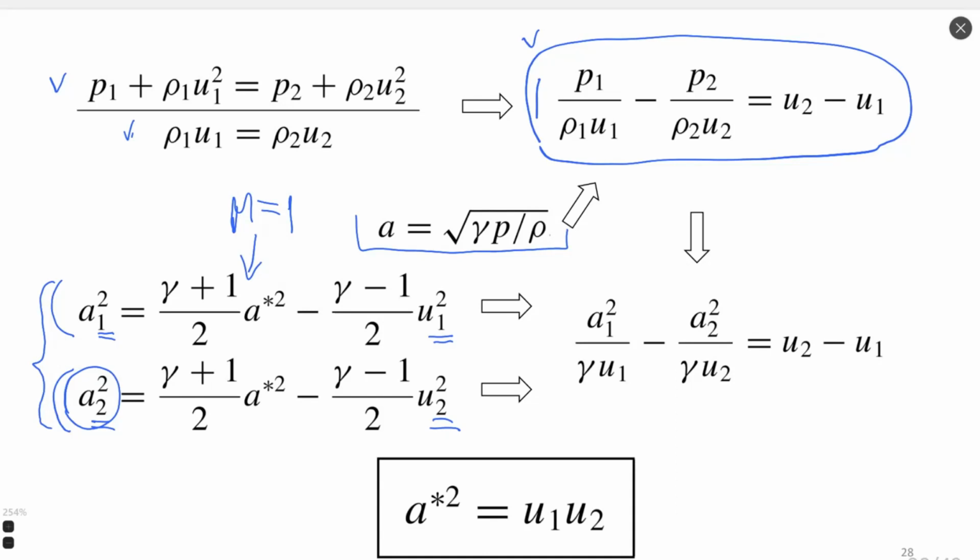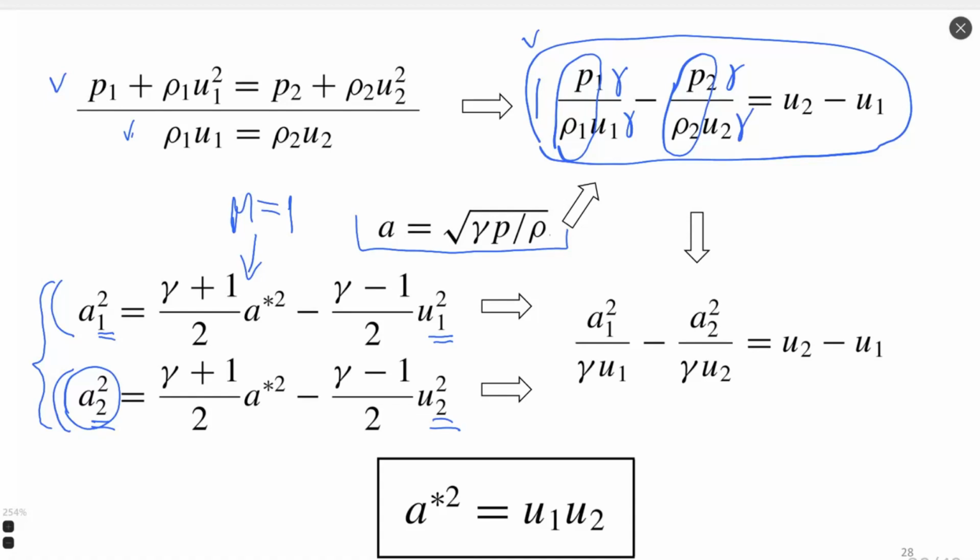We see that p divided by rho can be split from here, right, and can be split from here. So it's a part of the definition of speed of sound, and we multiply and divide by gamma, the adiabatic constant, like this. Here gamma appears and here gamma appears.